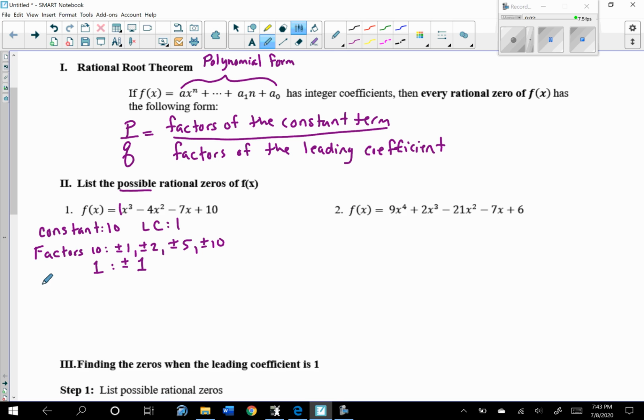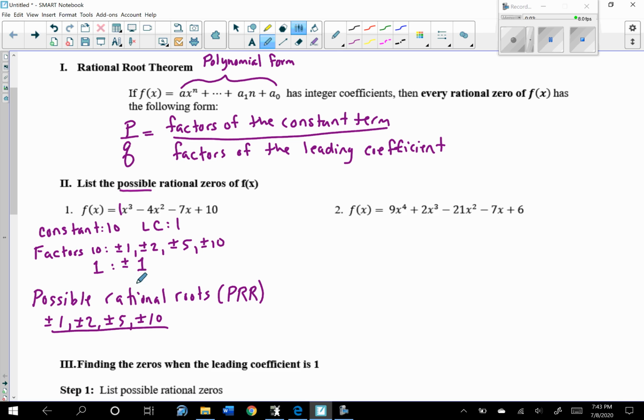So then we want our possible rational roots, which is the same thing as the zeros or solutions or x-intercepts. The possible rational roots, which I always label just as PRR, is plus or minus factors of the constant term: 1, 2, 5, 10, all divided by factors of the leading coefficient, so plus or minus 1.